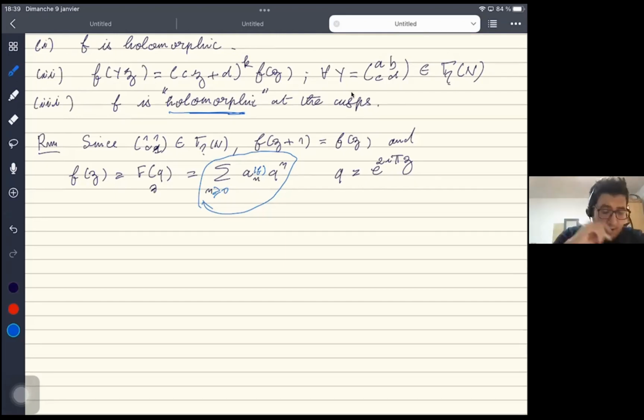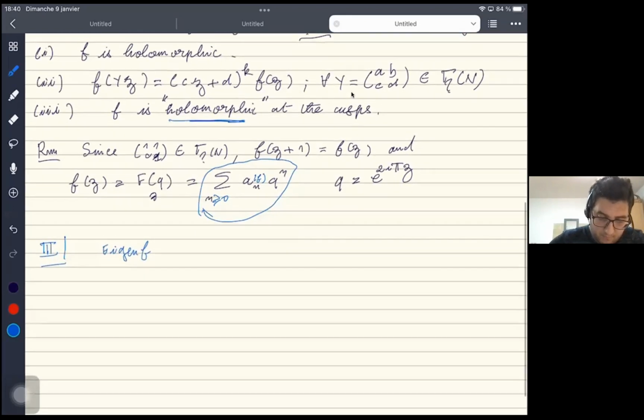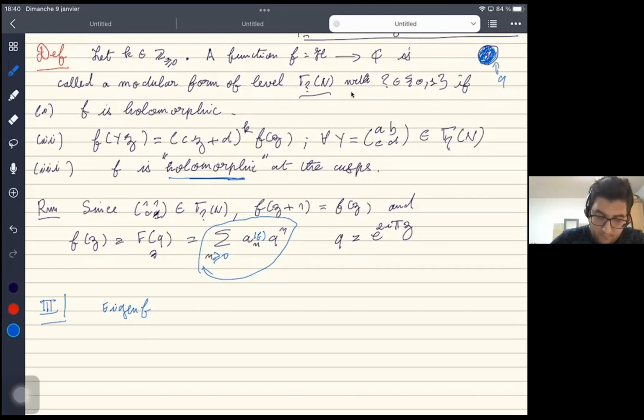So now I need to introduce the notion of an eigenform, which is a specific modular form. Sorry, in the definition of modular form, I forgot to add the weight k.